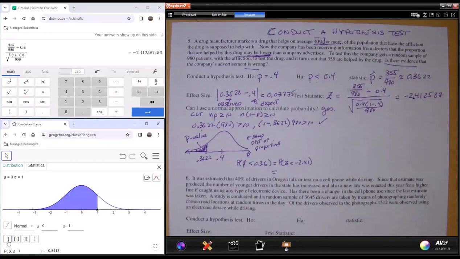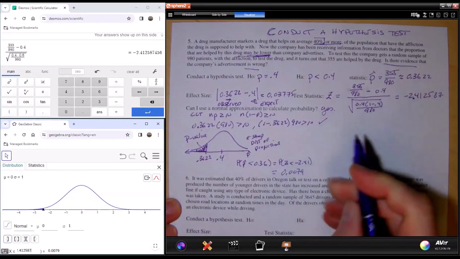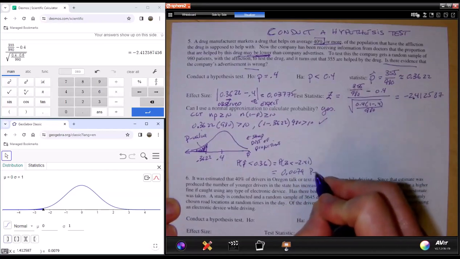Let me choose the left, that's the direction I'm headed in. And I'm entering negative 2.412587. Okay. And I get this value, 0.0079. And this is my p-value.